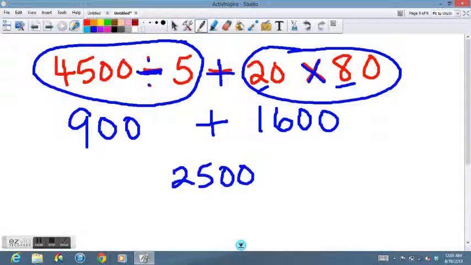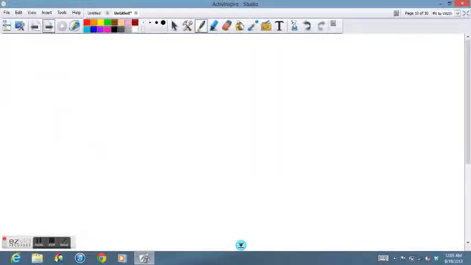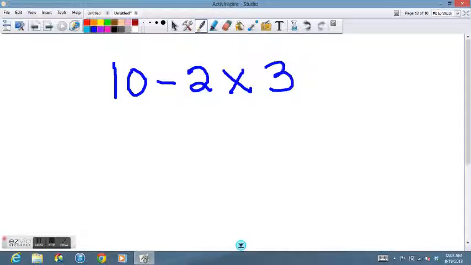Alright, one more example. Let's say we have 10 minus 2 times 3. Okay, now that looks like a pretty easy problem, but a lot of people will make a mistake on this problem because they'll do the subtraction 10 minus 2 first. And we can't do that because of order of operations. Order of operations says we have to do all the multiplication or division first.